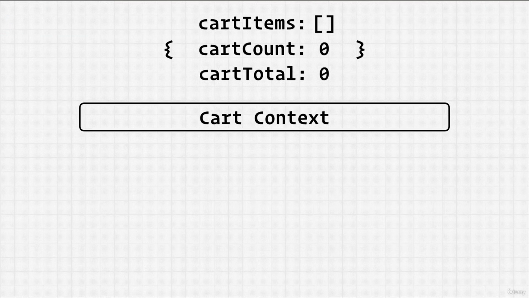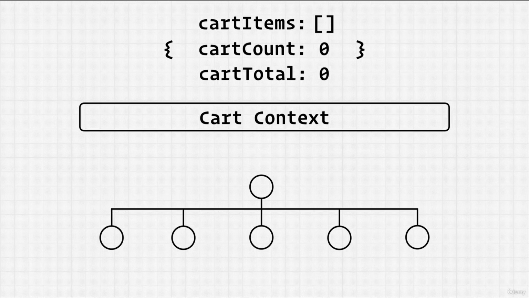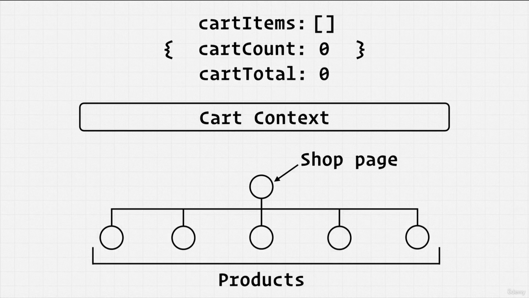The thing here about cart context is that when you think about cart context inside of our application, I want to zero in on just this little example where we have our shop page. So this is a component tree representing the shop page portion of our application. It has also a bunch of different products, which are represented by product nodes down there, which are those lower level circles.